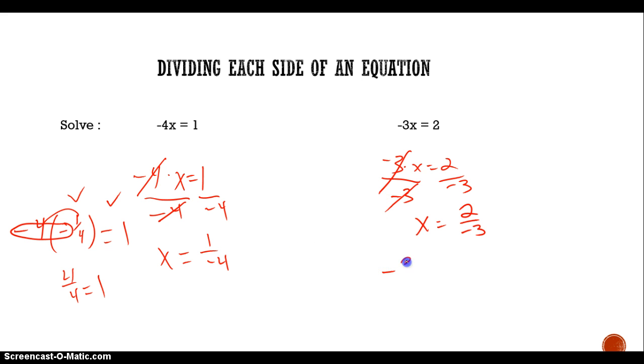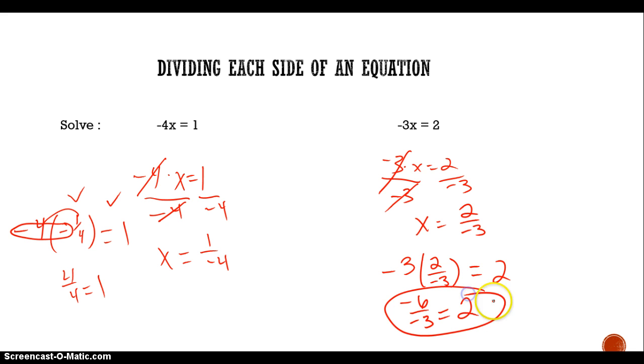Plug it back in to check your work. Okay, so we know negative 3 times 2 is negative 6 over a negative 3. Negative 6 divided by negative 3 equals 2. Okay, so it checks out. Okay, always check your work and go back.